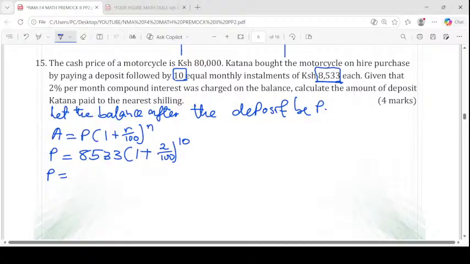In other words, after the 10 months, the amount they cleared is 85,330. At this rate, I'm just trying to see what should have been done here.